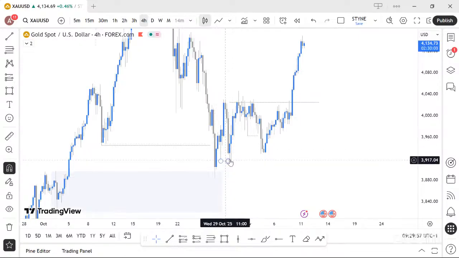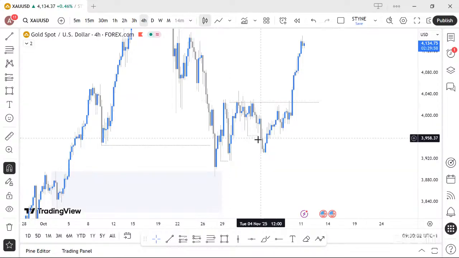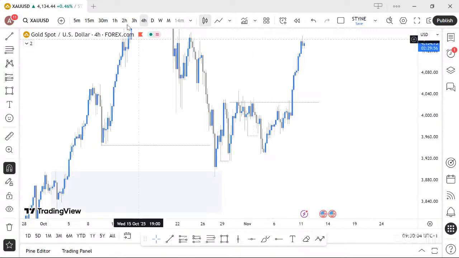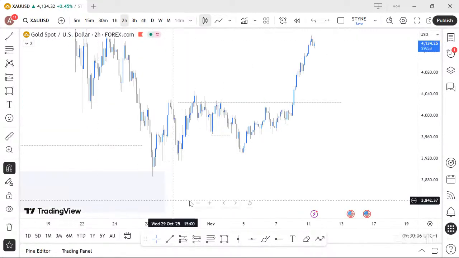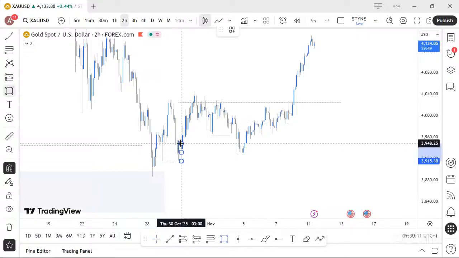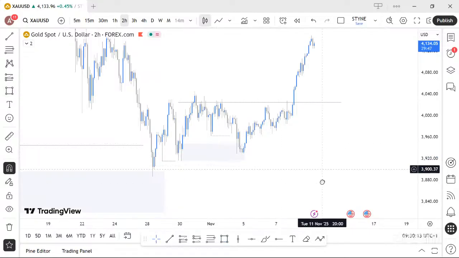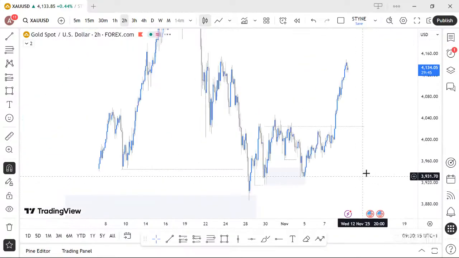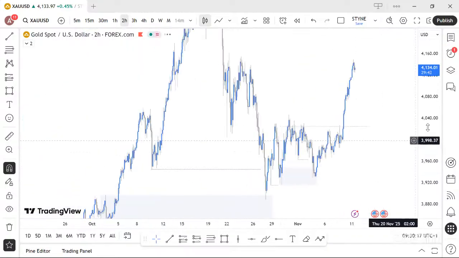Swept this one here, it was small, but it happened, went up, and then this one too swept the liquidity that was here, tapped a 2 hours order block that we had here, tapped another block that we had here, and sits here. And you can see where the buy started from. So liquidity is a very important concept in the market.